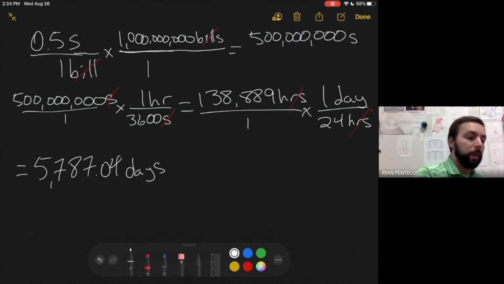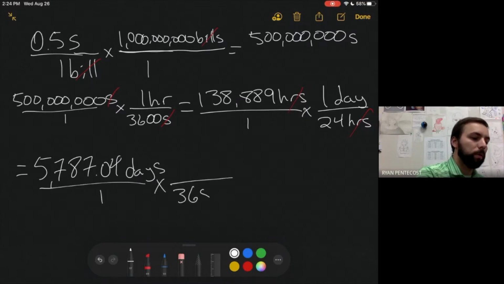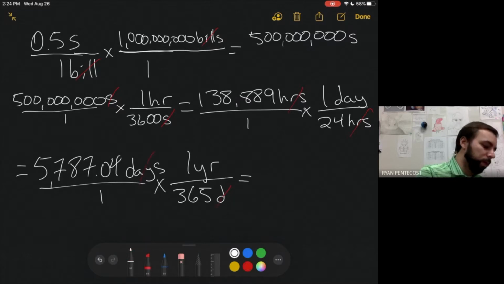That's a long time. How many years is that just counting bills? Times in a line, 365 days to 1 year. Days cancel. So you take that number, divide by 365. You will be counting for 15.85 years.